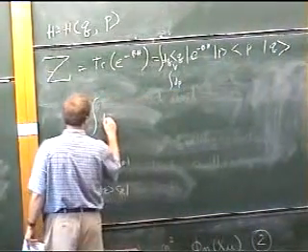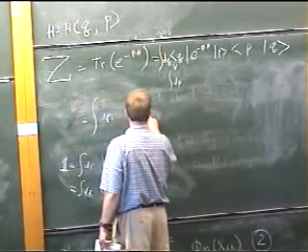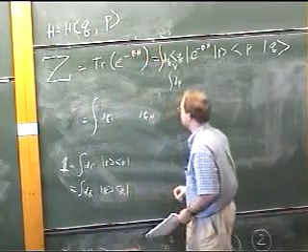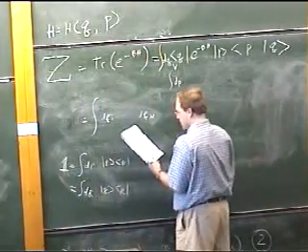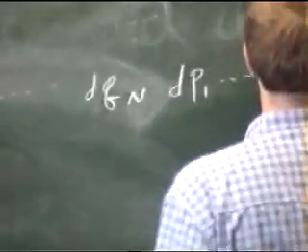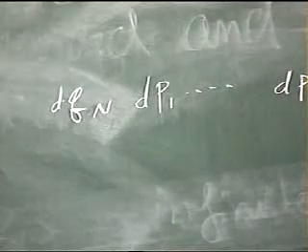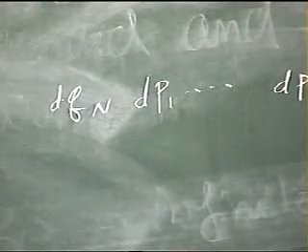I want to consider the case where I add a large number of additional coordinate integrals, 1 through n, and also a large number of additional momentum integrals, 1 through n. Okay? I will do this in a clever way. I will do this in this form.